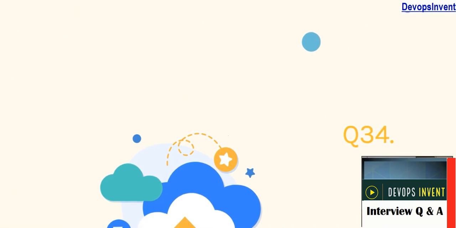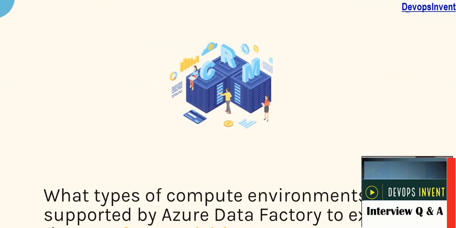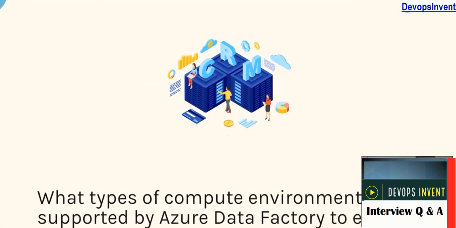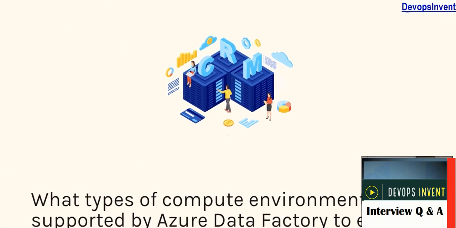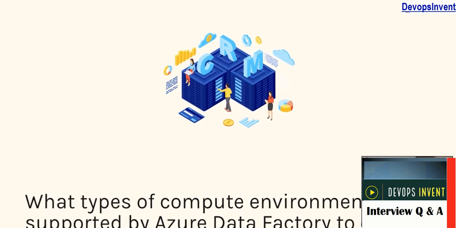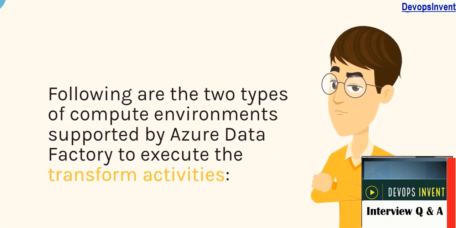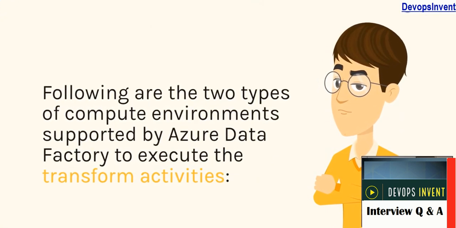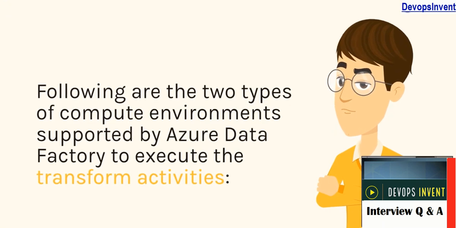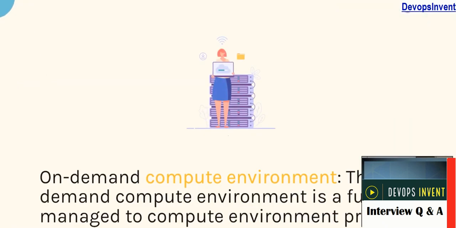Q34. What types of compute environments are supported by Azure Data Factory to execute the transform activities? Following are the two types of compute environments supported by Azure Data Factory to execute the transform activities. On-demand compute environment.